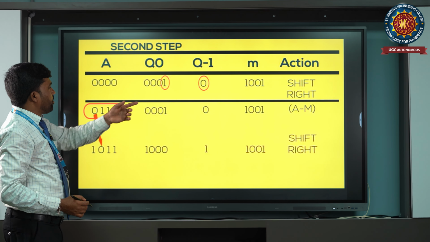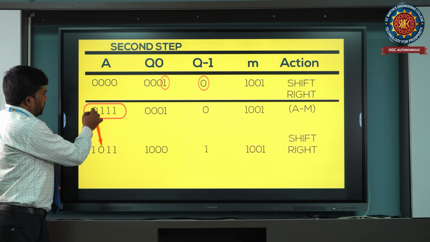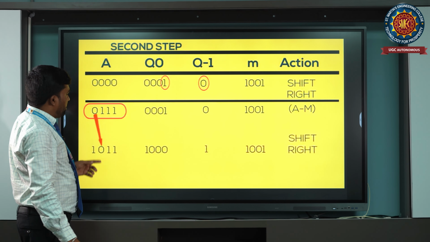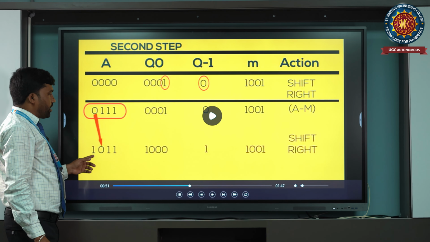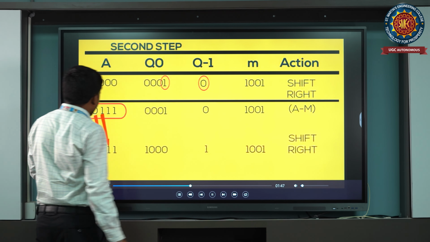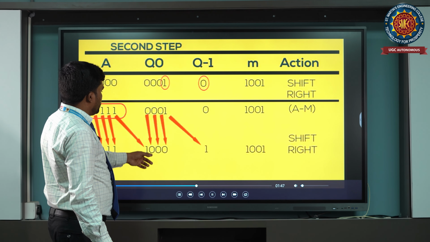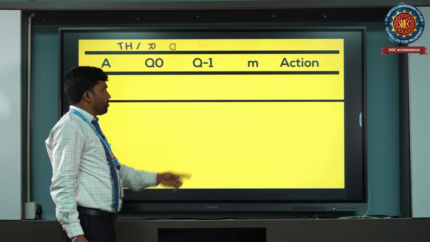After the 2's complement we get the output here. Here it is 1 because the sign bit will be 1. So 1 is printed here and 0 here, and then the bits shift to the right.